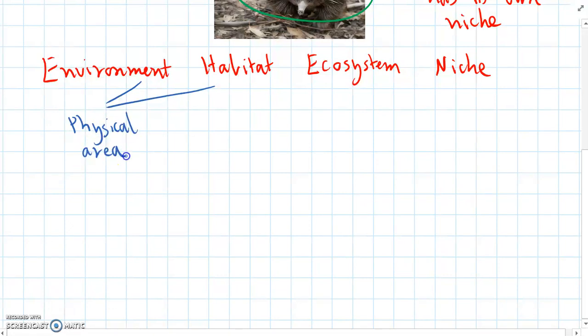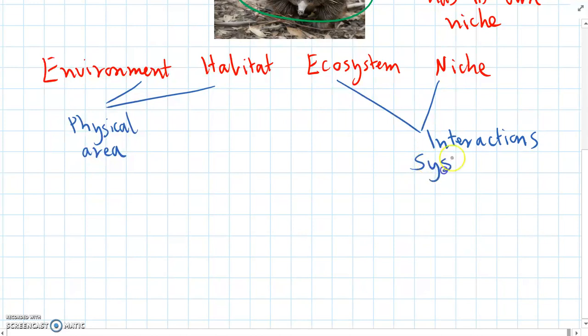They're just looking at what is in an area. Whereas ecosystem and niche are looking at what's there, but also the interactions between species. So, in other words, they're thinking of a system.